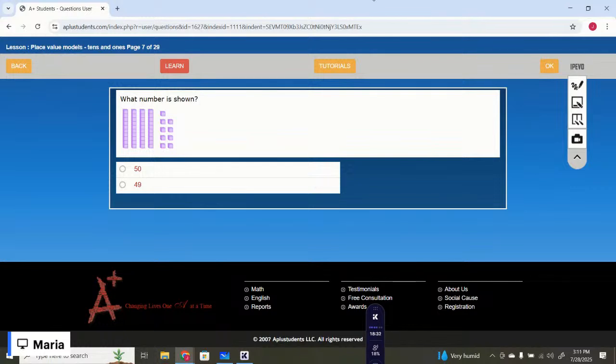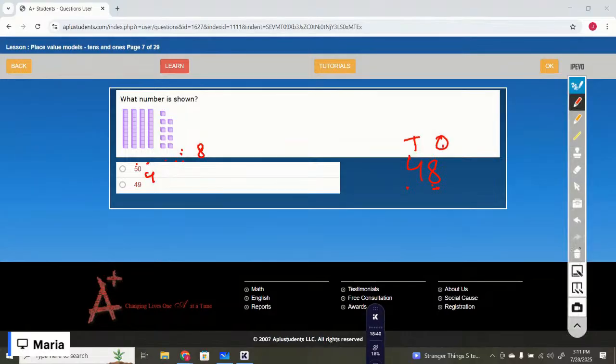What number is shown? That is 1, 2, 3, 4, 5, 6, 7, 8, 9, 9 ones, 1, 2, 3, 4, 4 tens and 9 ones.